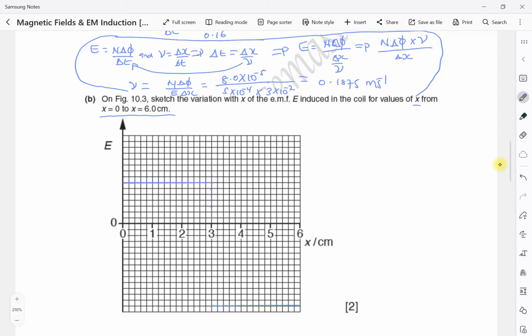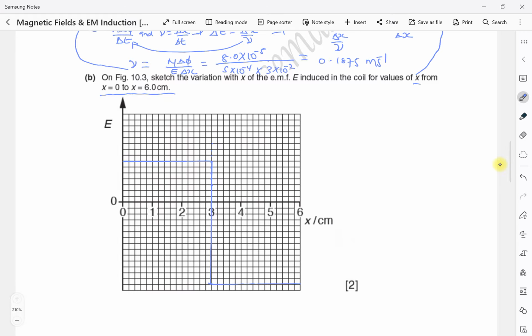So your graph will take this shape. You can draw a better one, but it will take this shape.